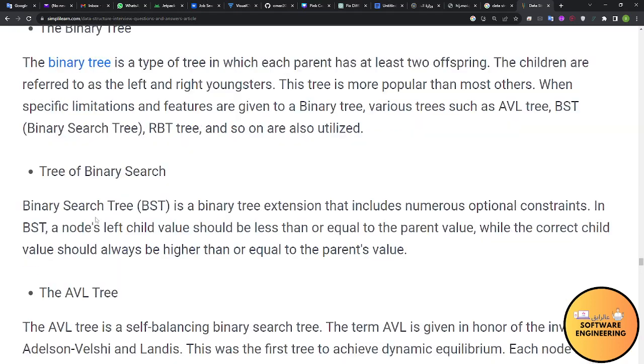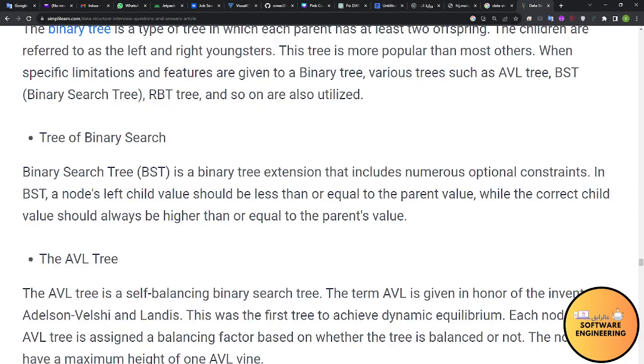A binary search tree, the BST, is a binary tree extension that includes numerous optional constraints. In a BST, a node's left child value should be less than or equal to the parent value.